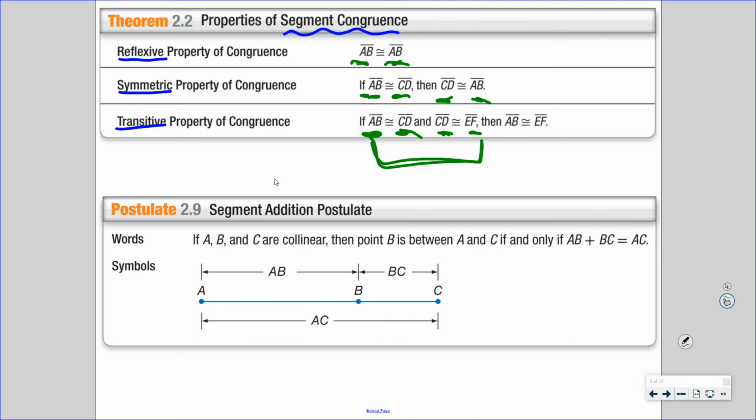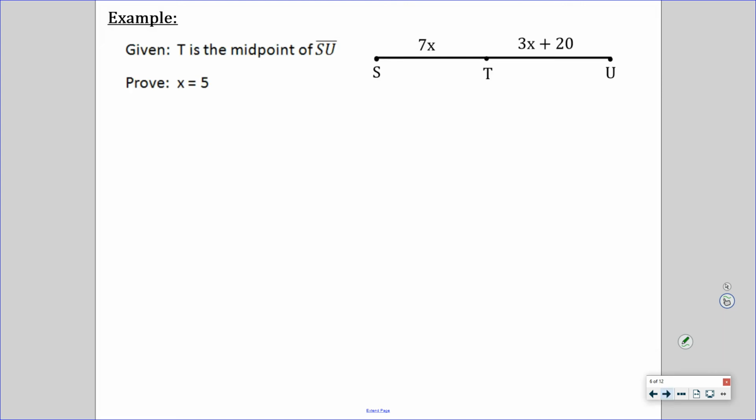If we know a point's in between a line segment, that separates our line segment into two segments, not necessarily equal unless it's the midpoint, but we know we could take those segment measures, add them together, and that would give me the length of the total line segment. So right here, AB plus BC would be AC. That's technically the segment addition postulate. Again, math you've done before. Here's a postulate that allows you to justify that you can do that.